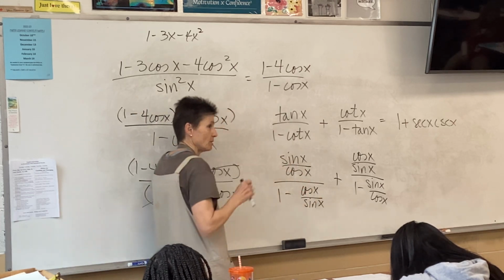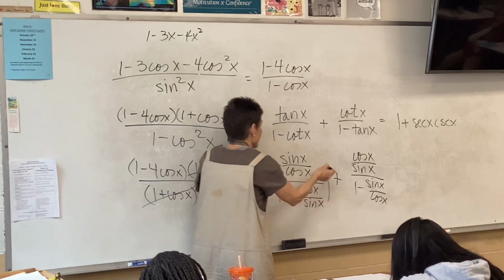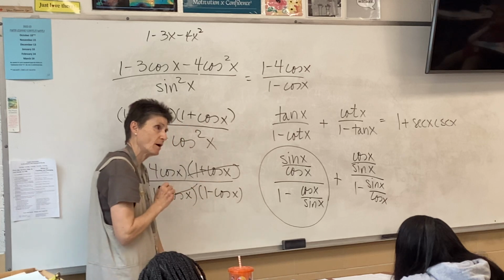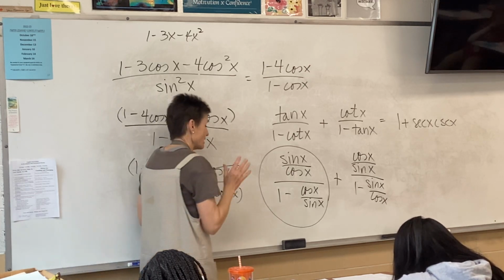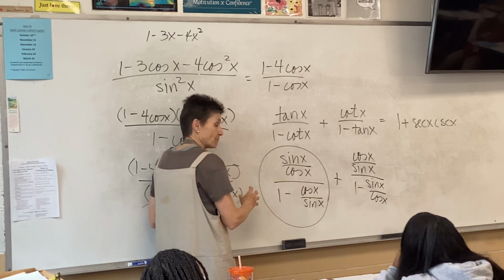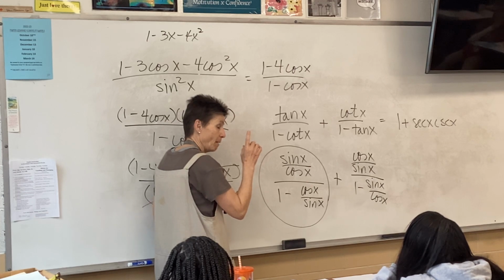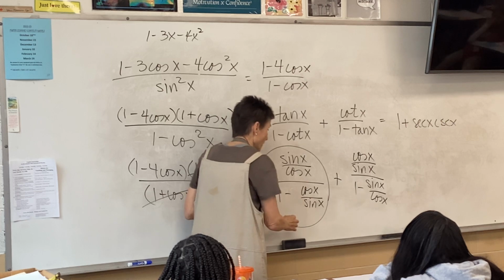Now, I know what you're thinking. You're thinking, oh my gosh, that's a mess, and it is. But this thing right here is called a complex fraction. We talked about this the other day. What can I do that's pretty easy that would clean this mess up? Multiply everything by the common denominator of the whole shebang.